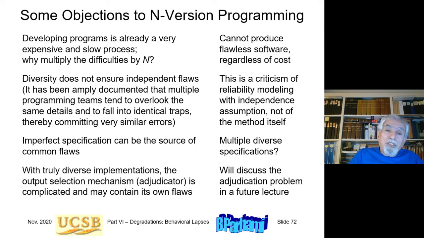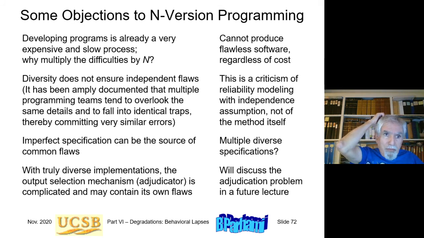The second objection is that diversity does not ensure independent flaws. It has been documented that multiple programming teams tend to overlook the same details and to fall into identical traps. This is a valid objection.